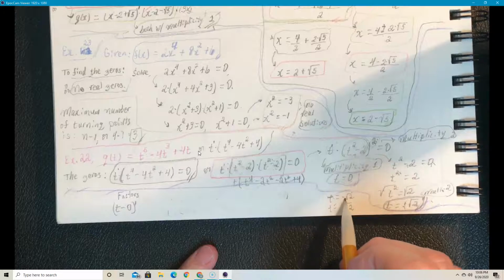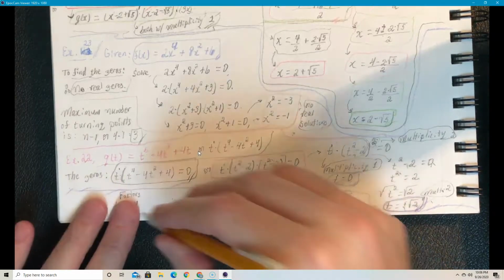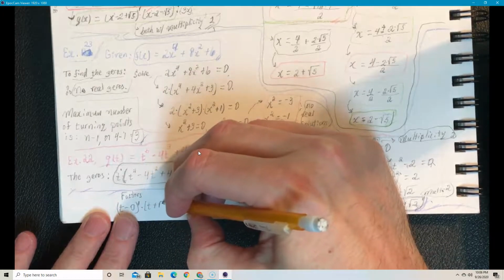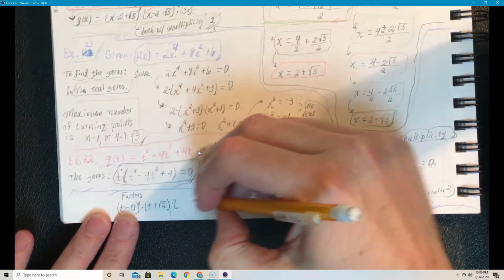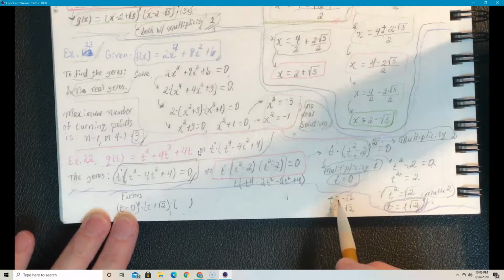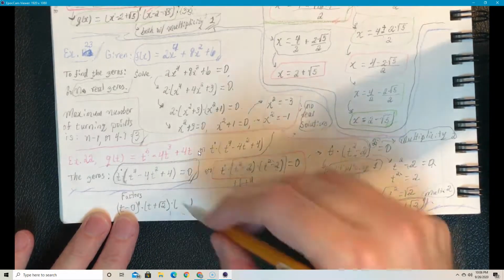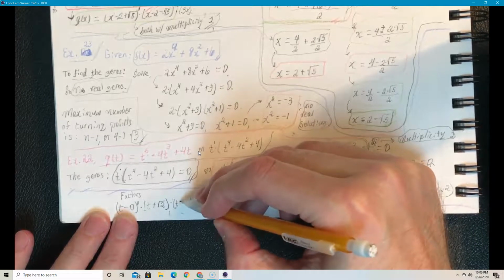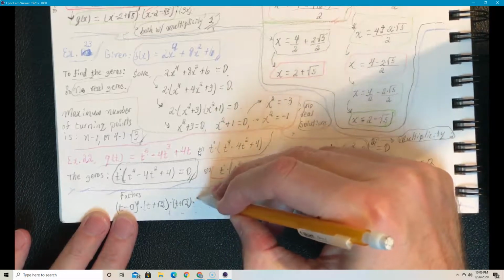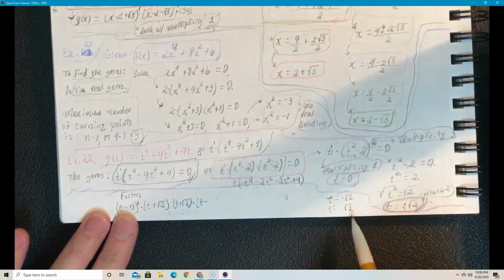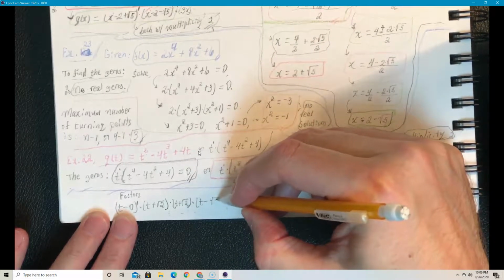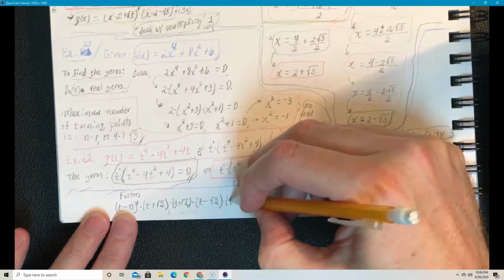This one, if you move this negative square root of 2 over to the other side, it becomes t plus the square root of 2. But it's repeated because it has multiplicity 2. It has to be 2 of them. So there's another one, t plus the square root of 2. And then the same thing with this one. Move the square root of 2 over to this side and it becomes negative square root of 2, or minus. And that also has multiplicity 2.